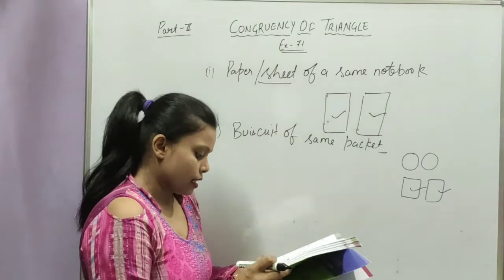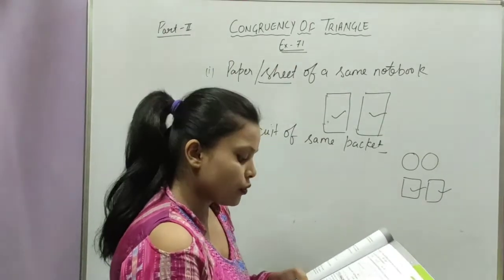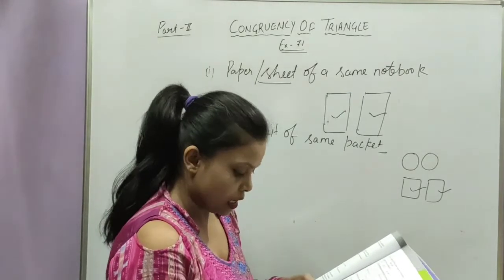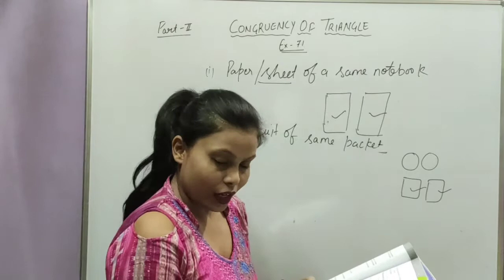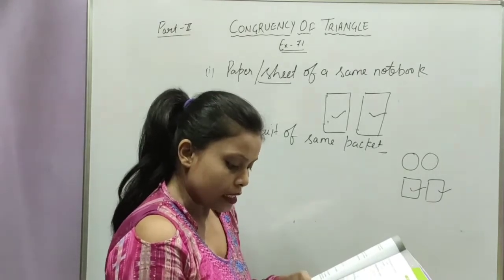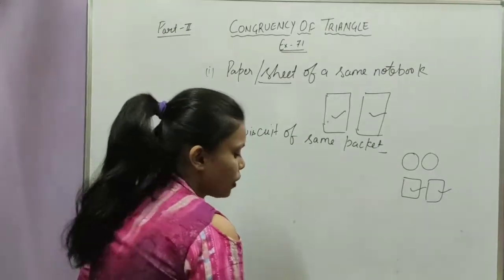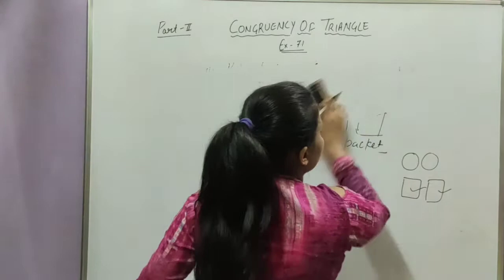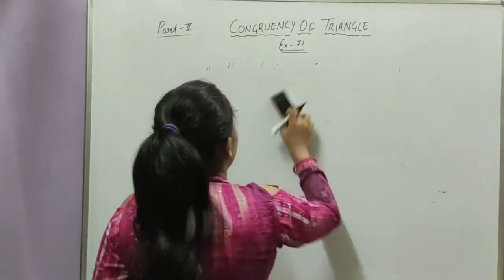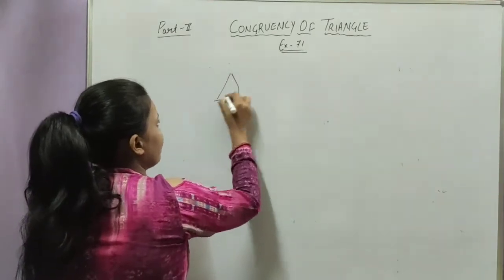Question number 3 is if triangle ABC is congruent to triangle FED, under the correspondence ABC corresponds to FED, write all the corresponding congruent parts of the triangles. Okay, so we are given two triangles, triangle ABC and triangle FED.